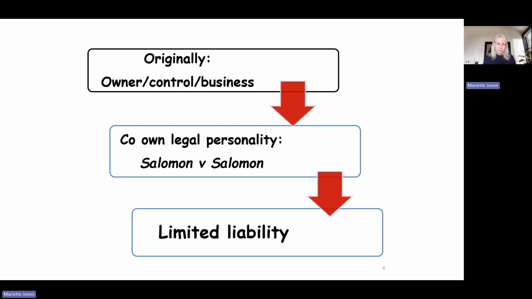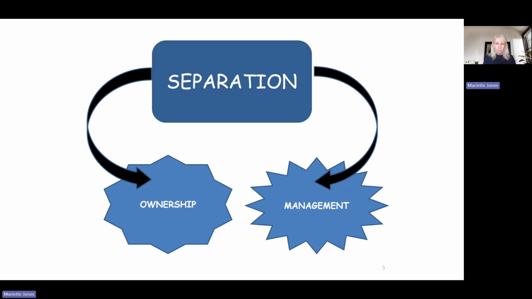Now, this led to a fundamental concept in company law, which is the separation between ownership and management. And we get this particularly in the larger public companies, not so much in private companies where ownership and management and shareholding, as a matter of fact, tend to be vested in the same people.